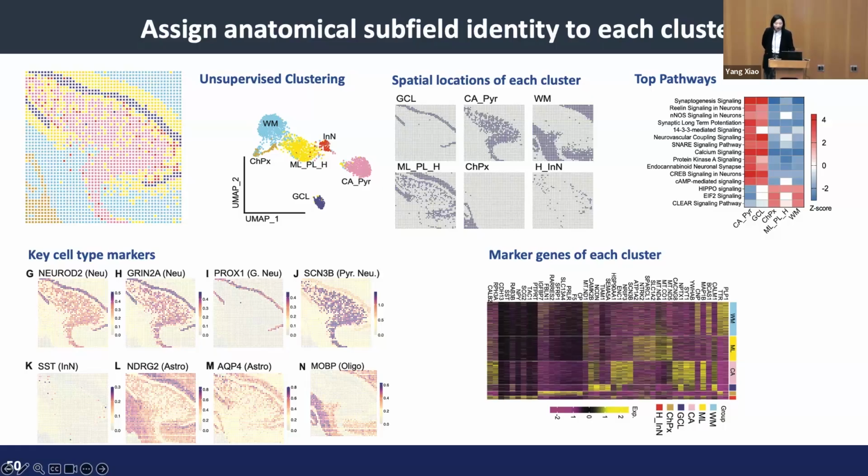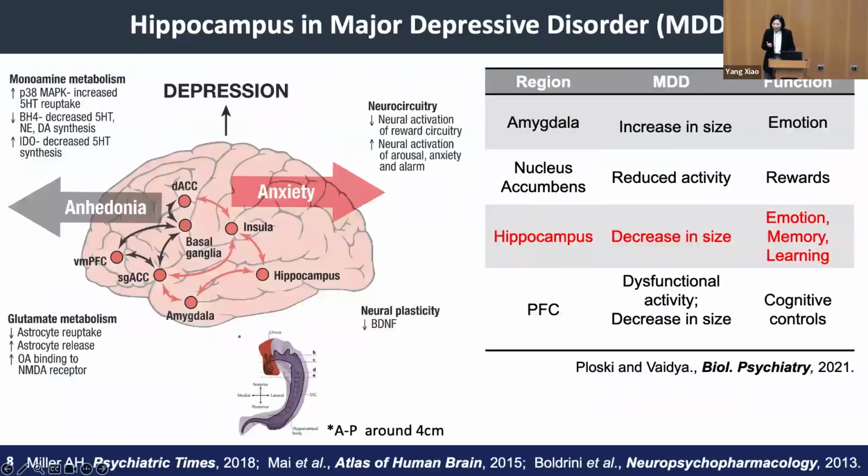We chose hippocampus because, first, we got MDD patient brains, and the hippocampus is the center of the limbic system for mood disorders and regulation and spatial memory. So we thought hippocampus would be the very cornerstone to start with.